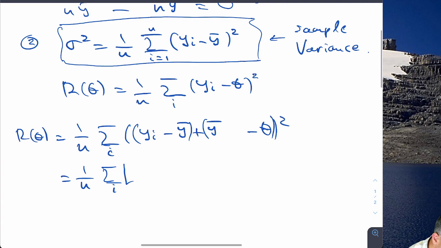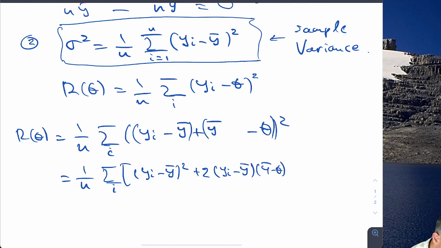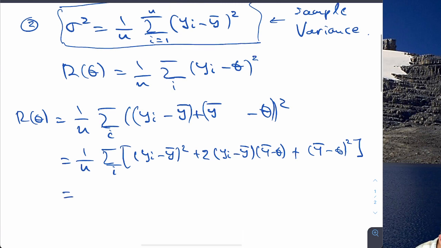Square of the first term is y sub i minus y bar squared, plus 2 times the product of the two, plus the square of the second, which is y bar minus theta squared.